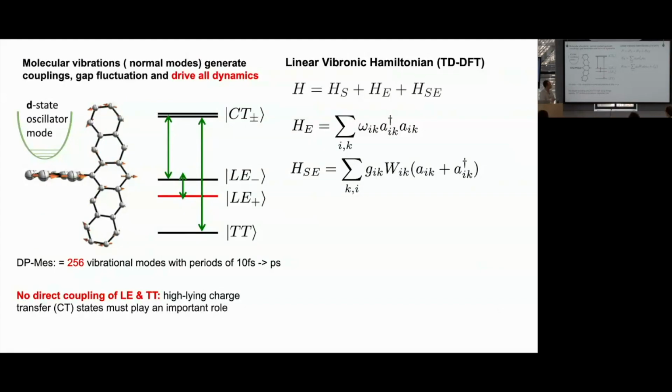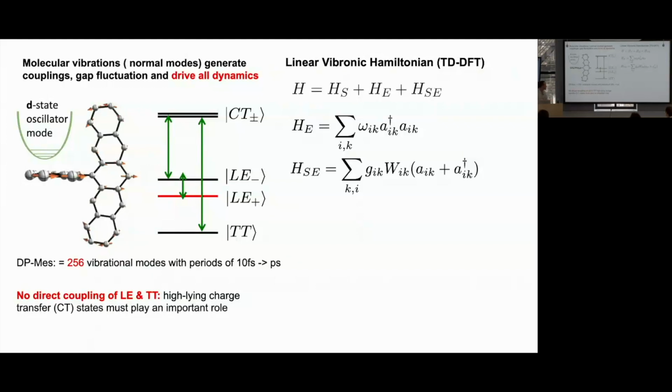Of course we're going to do numerics eventually, so we take D levels, some truncation of these oscillators. And the coupling has this linear form, similar to what we saw in some of the talks earlier, but with a complexity that I'll come to in a moment. So it's linear in the displacement of the baths. These W's are transition matrices between all of these different types of excited state.